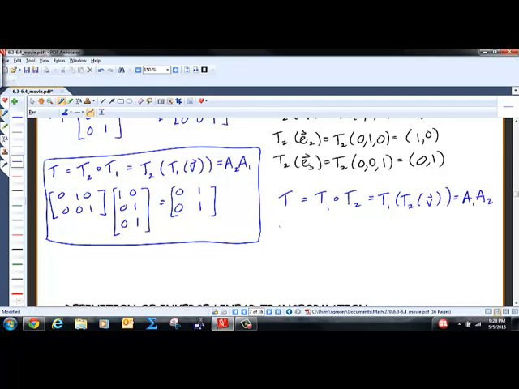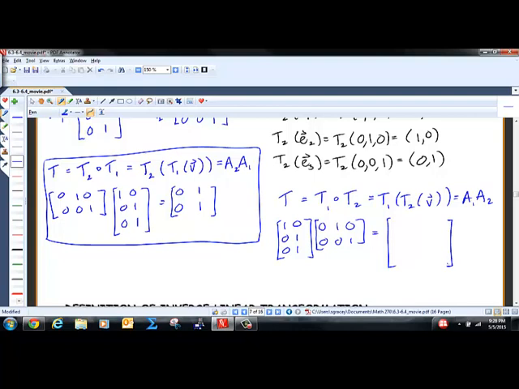Perfect. So we have a 3 by 2 multiplied by a 2 by 3. So what are we going to get out? Good, a 3 by 3.